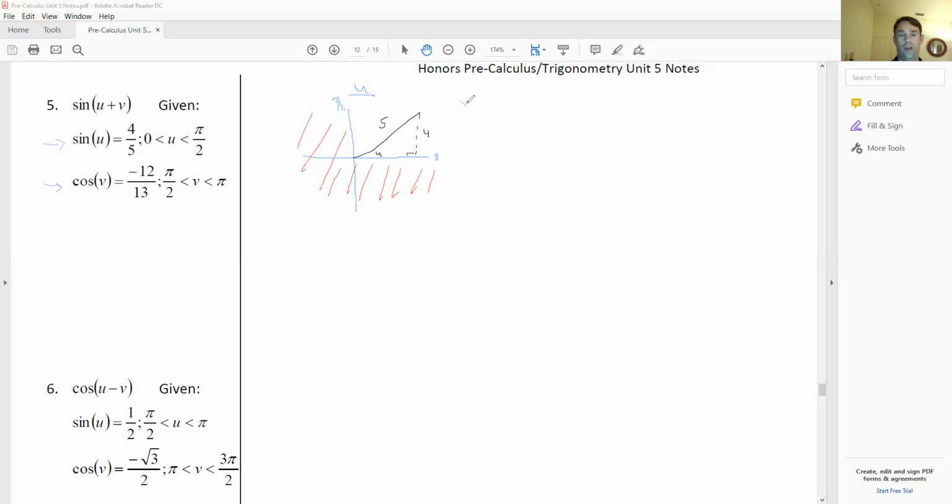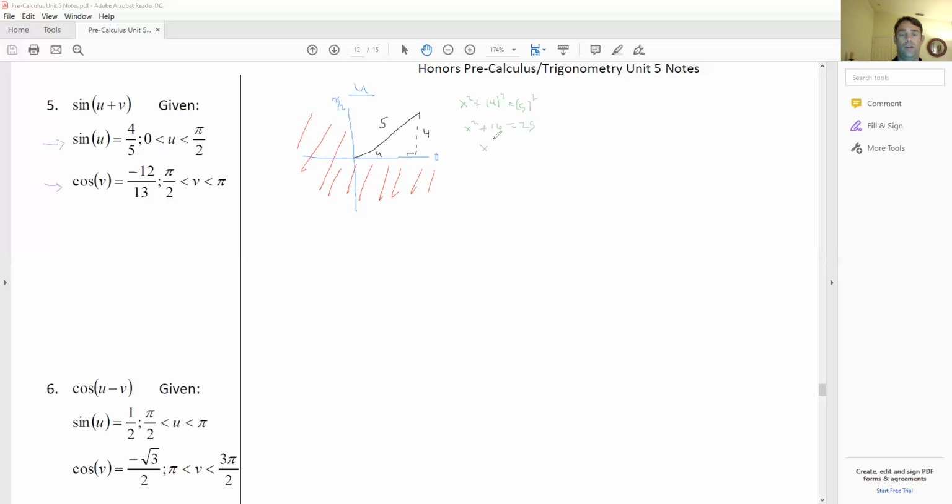So if I want to find what x squared is, I'm going to use a little Pythagorean theorem here, friends, equals 5 squared. So I have x squared plus 16 equals 25.